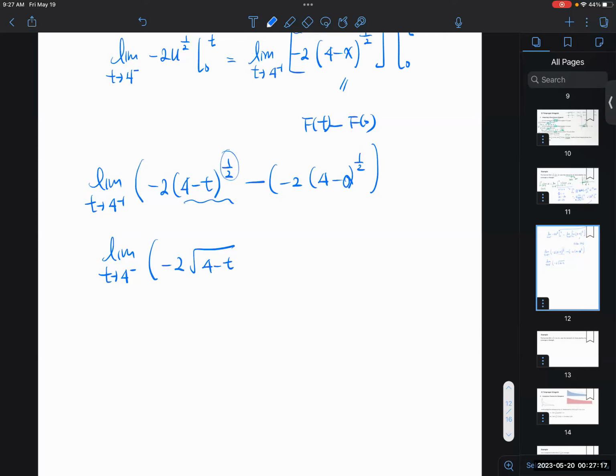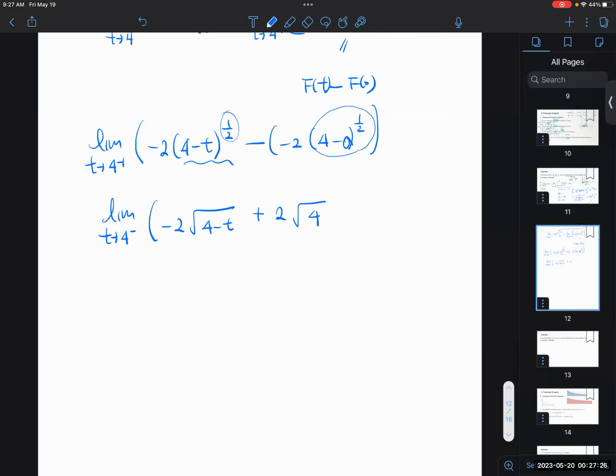And then this is a double negative, so plus 2 times radical 4, which is 2. So the limit, we have -2 radical 4 minus t plus 2 times 2, again 4.